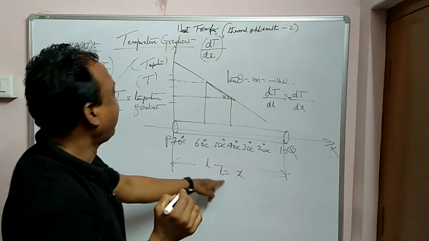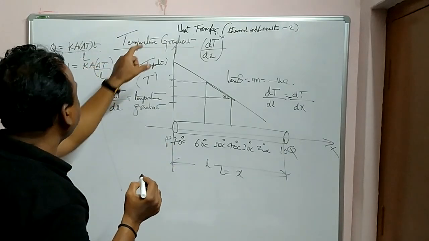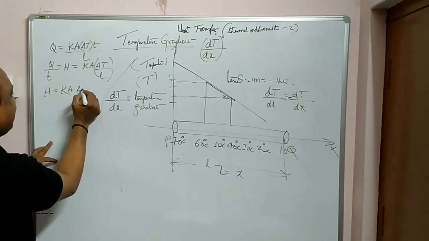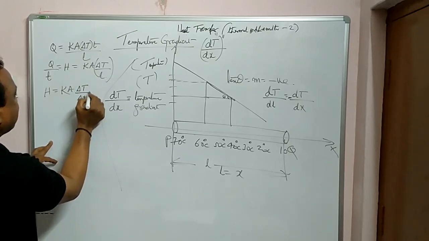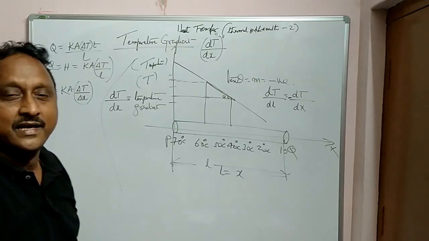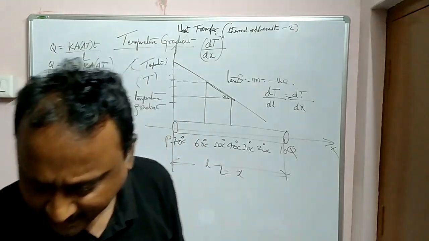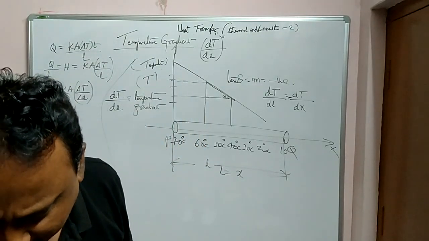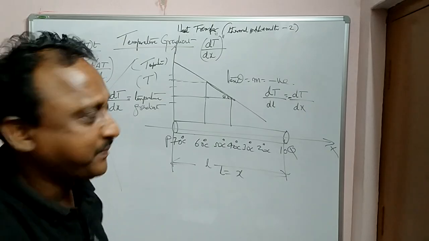Gradient. So dT by L, the temperature gradient, is nothing but delta T or dT by dx. Okay, dT by dx or delta T by dx. That is called the temperature gradient.